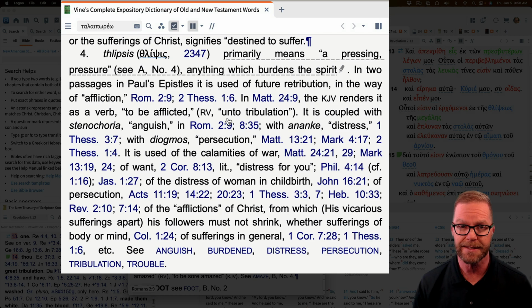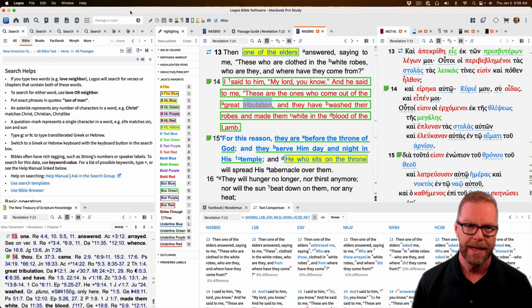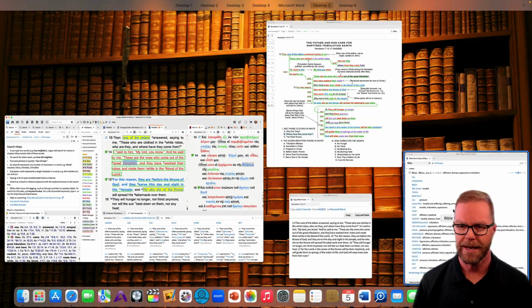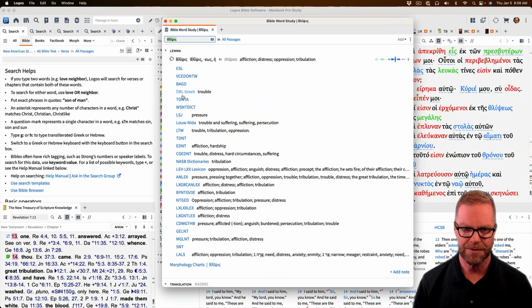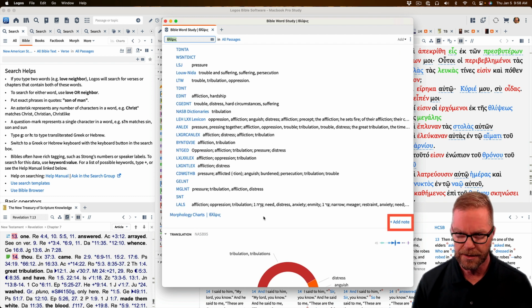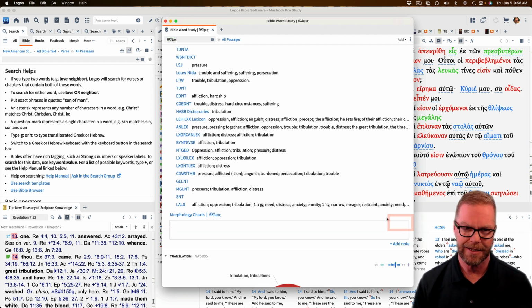The verb, to be afflicted, under tribulation, whatever. I go down there, I do that. Anyways, I'm going to go down and hit this right here and do my word study. And if I want, I can actually do my own word study by adding a note here and creating my own custom definition based off of all these resources.